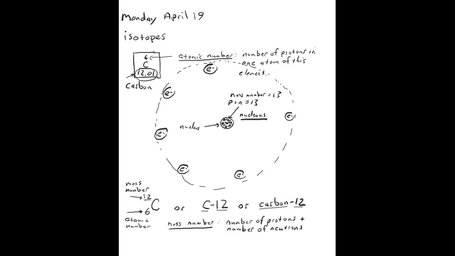So here's the way we deal with this. Often it's useful to communicate to people the mass number, but not the atomic number. So you might see something like C13.